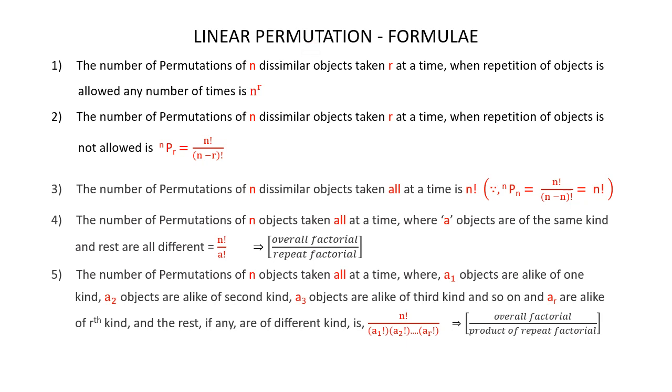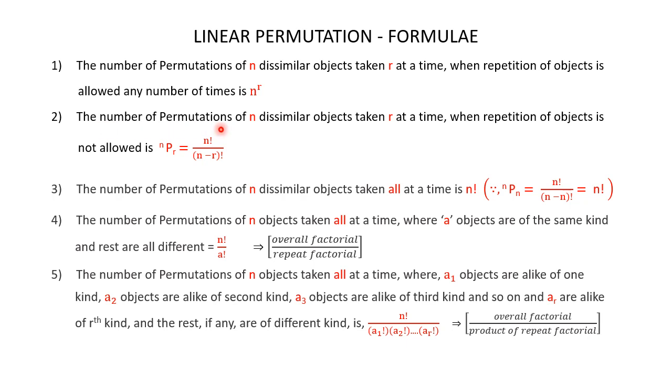Here is a quick recap of all the formulae to solve linear permutation problems. The number of permutations of n dissimilar objects taken r at a time when repetition of objects is allowed any number of times is n raised to the power r.